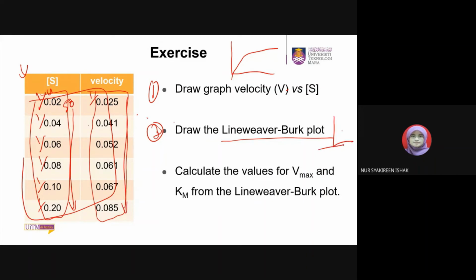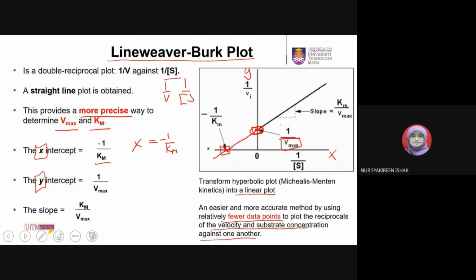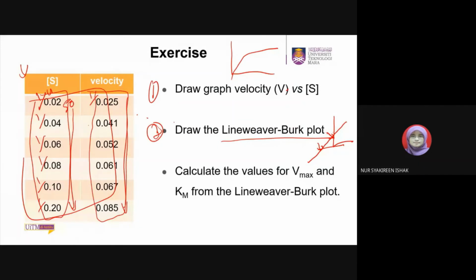When you are plotting the graph, you should get a straight line. So where does it intercept? At the y-axis. When it intercepts the y-axis, you can determine the Vmax value, which is 1 over Vmax. From this value, you can determine the value of maximum velocity. Where it intercepts the x-axis, you can determine the Km value.